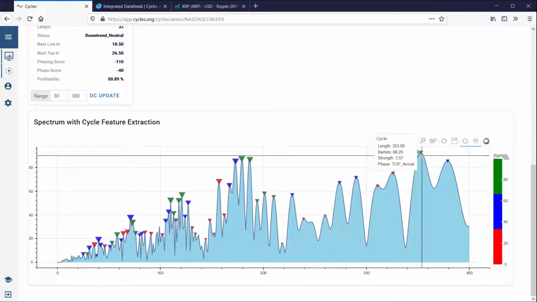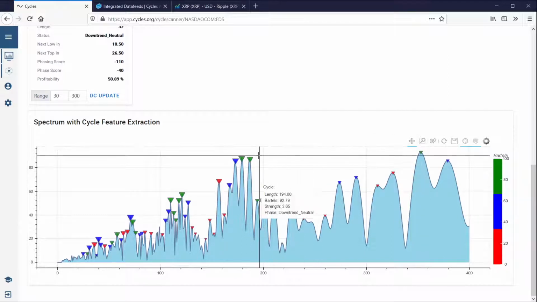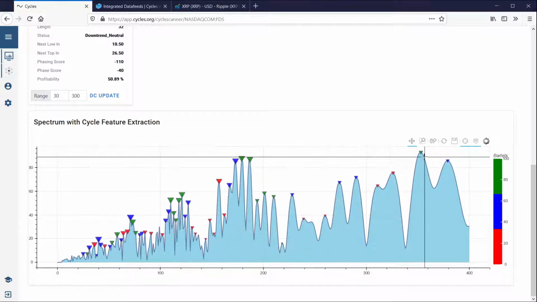So here we have the one with 343 days. This is high amplitude, good Bartels score, high strength. And then I would maybe add these two here, 187, 179.